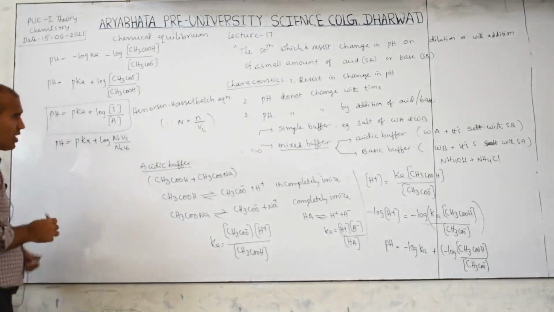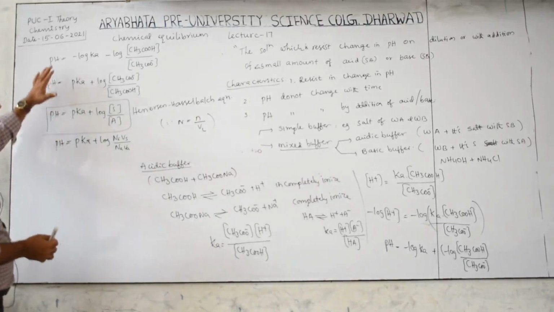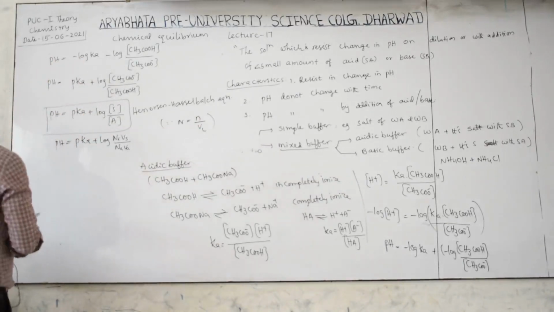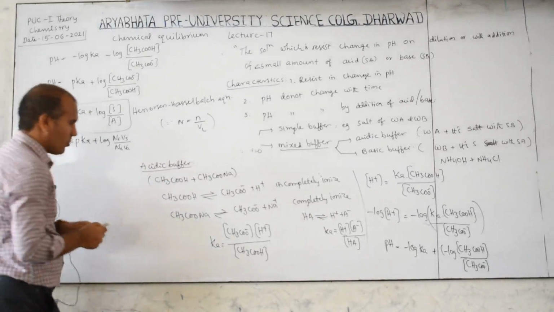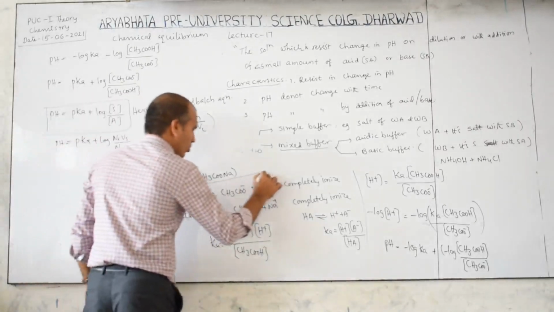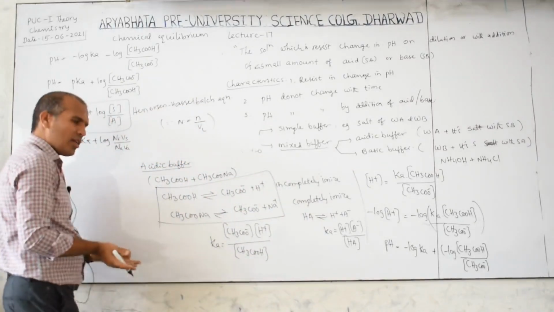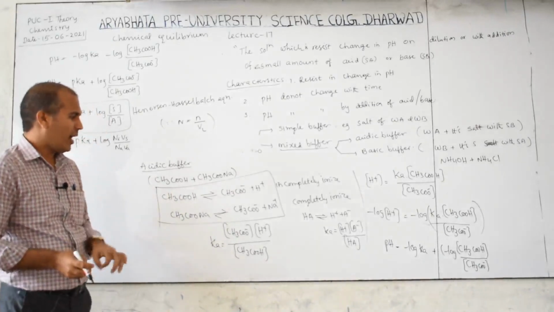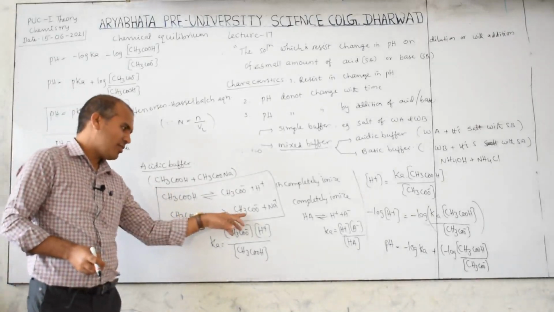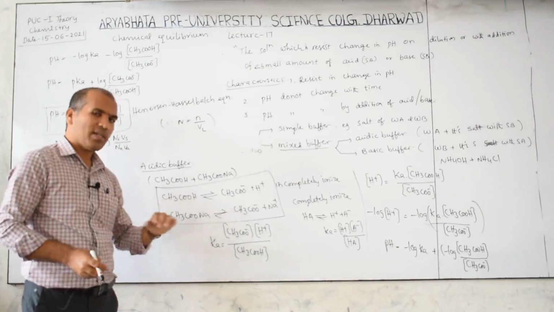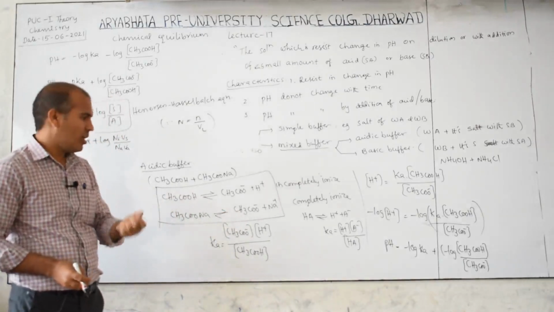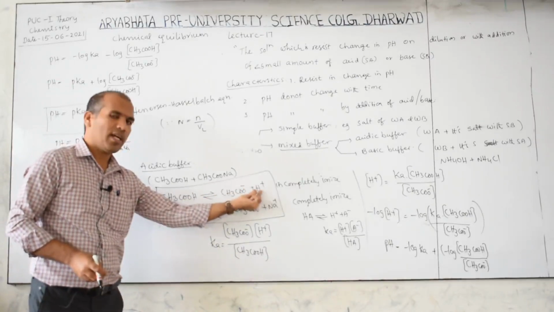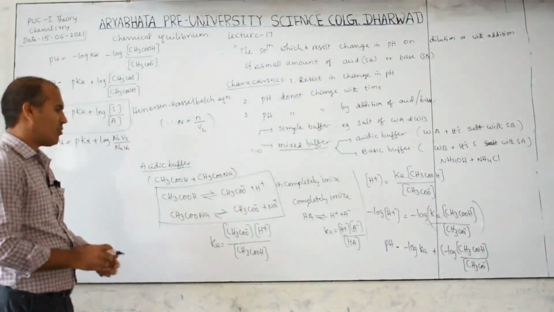Okay, then we know that this is called acidic buffer solution. How it works? Now to this we are adding acid also, base also. Now this acid if you add, this will react, because in acid there is H plus. If you add base then this will react. In base what will be there? OH minus will be there.